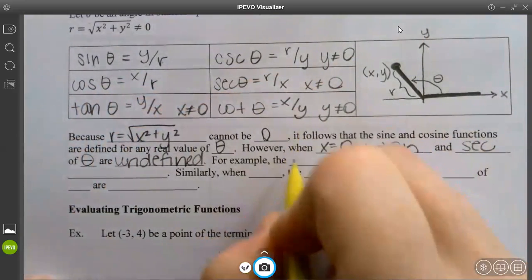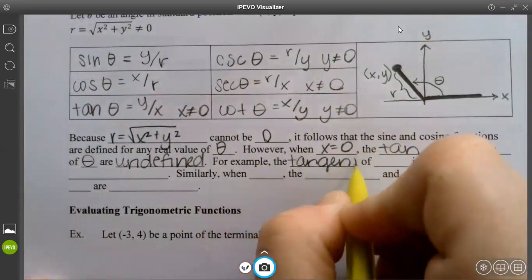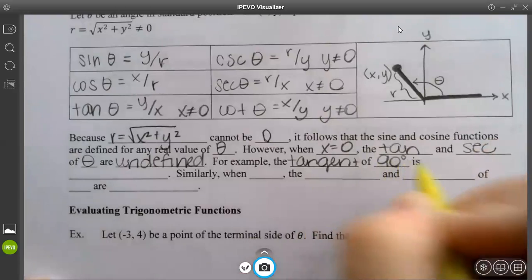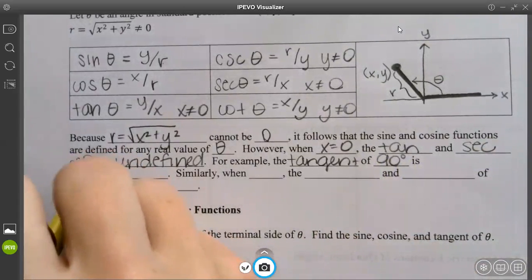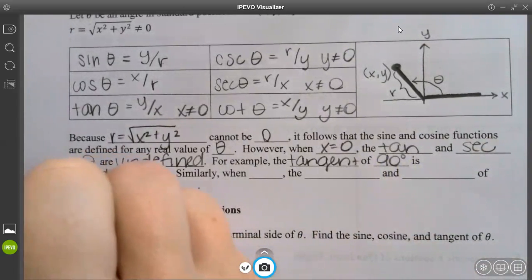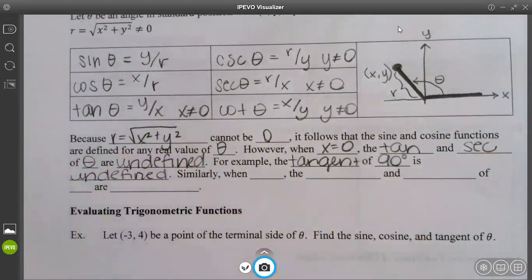For example, the tangent of 90 degrees is undefined. Why would the tangent of 90 degrees be undefined? Where is 90 degrees?